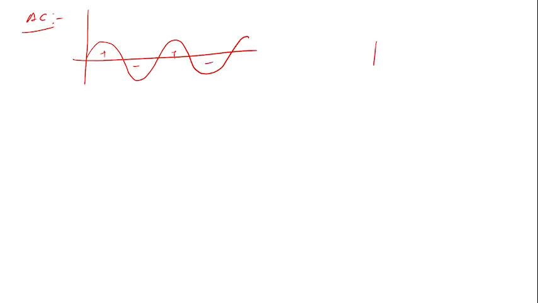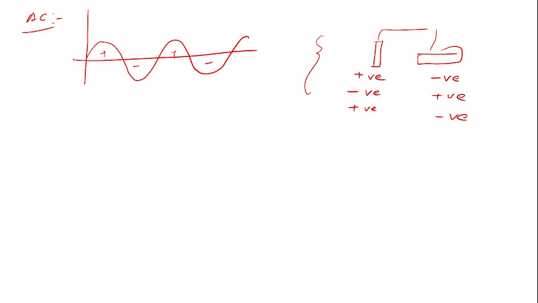So suppose this is your electrode, this is your workpiece. Okay, they are connected. So what will happen here? For some time it will be positive and then it will be negative. Then again it will be negative and this will be positive, because there is alternating current. We are supplying alternating current.